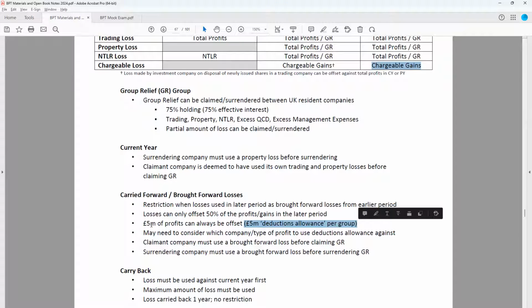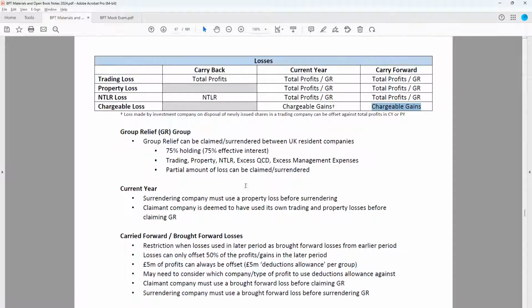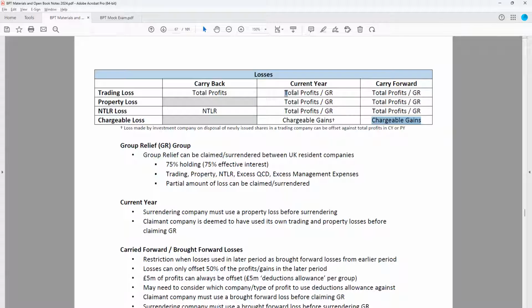We're looking at brought forward losses, how they could be offset, but to think about the deductions allowance, where best to offset it, either against the gains or against trading income, nearly always best to offset that against the gains, as we saw. But that isn't an issue here, so these points aren't going to be as relevant in this question. So we're going to need to think about where to offset those brought forward and those current year losses in the group.